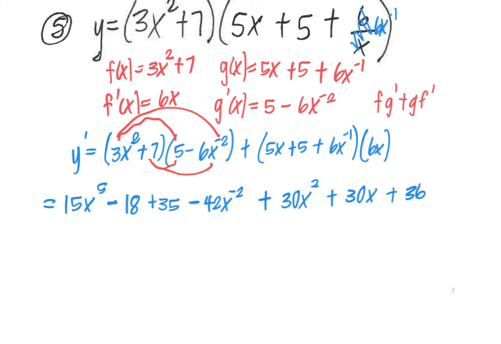And y'all, I'm sorry, I wrote right here, that was 15x squared, and for some reason I wrote a fifth power. Let's see, okay. So 15x squared and 30x squared, that gives us 45x squared. Then we got a 30x. And then we got negative 18 and 35 and 36.